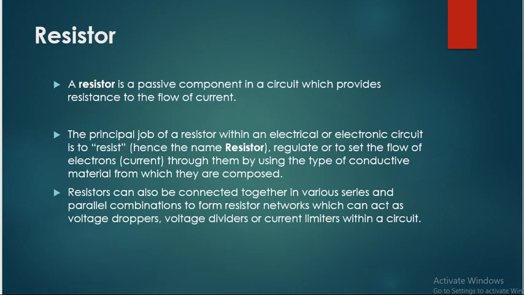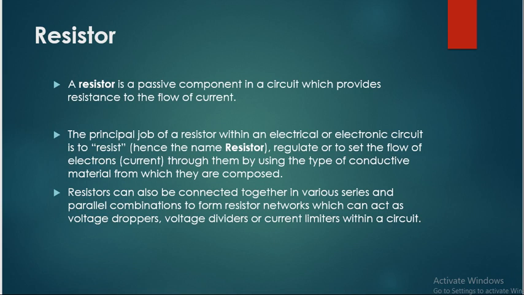Now let's start with the first category, the resistor. What is a resistor? A resistor is a passive component in a circuit which provides resistance to the flow of current. As the name suggests, it is used to provide resistance. The principal job of a resistor within an electrical or electronic circuit is to resist, hence the name resistor.